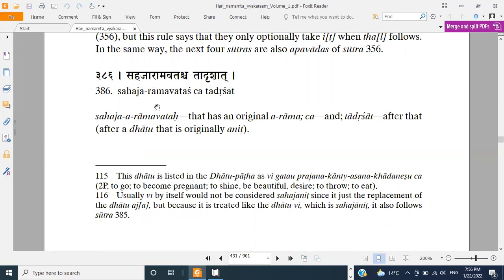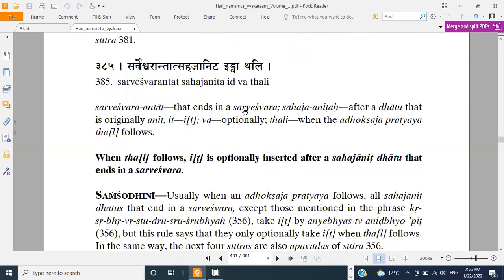Sahajaram Vatascha Tadrishat. For example, in this one only, V is Sahaja Anit, but by this sutra we are optionally inserting it when Thal is following. So that's like an imposition. We're imposing it here. Oh, I see, so it's referring to this itself.